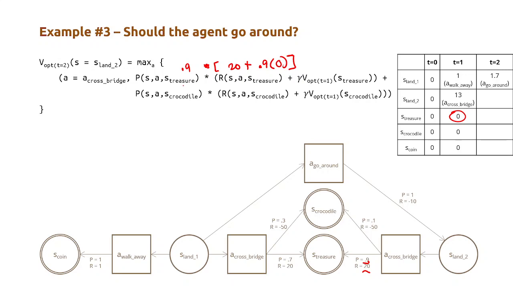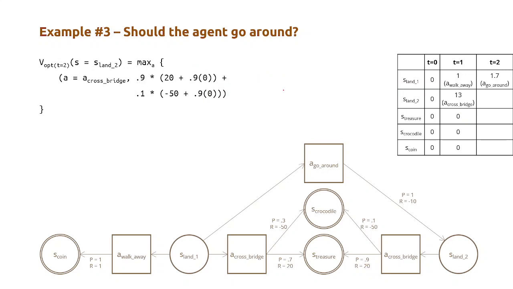Then below we have the probability of arriving at the crocodile when crossing the bridge. It's 0.1 times reward of negative 50 plus 0.9 times optimal value of S crocodile at t equal to 1, which is 0. So it results in this value. Crossing the bridge is equal to 30. Okay, so the maximum value is 13 and the action is cross the bridge.